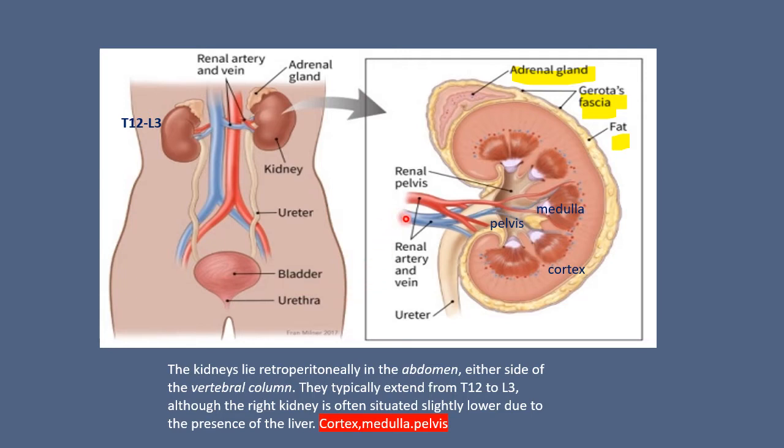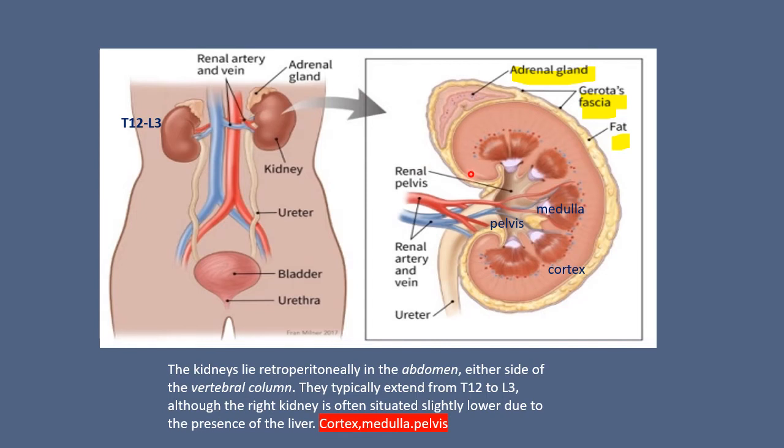The arterial supply of the kidney consists mainly of the renal artery, which arises from the aorta. And the venous drainage is through the renal vein into the inferior vena cava, on either the right or left side.